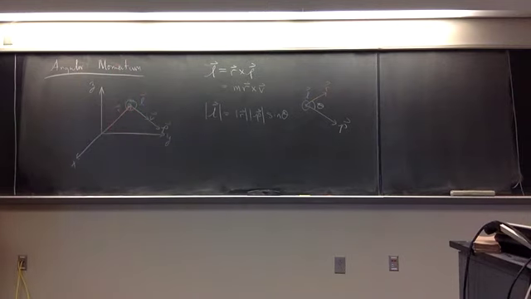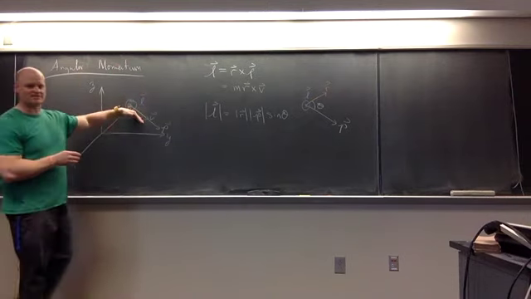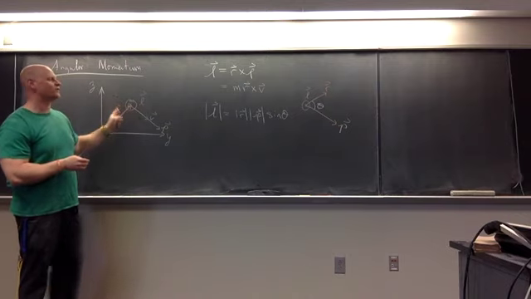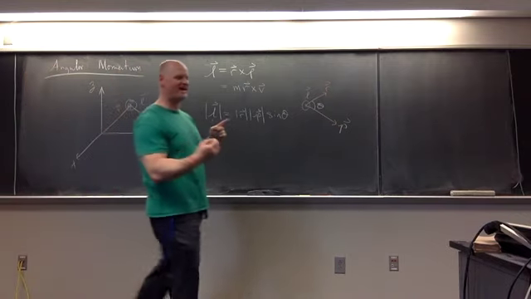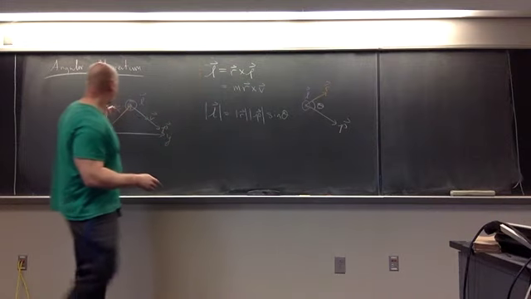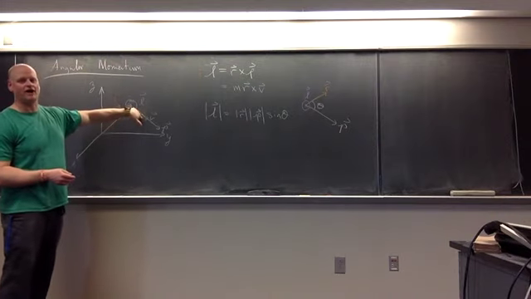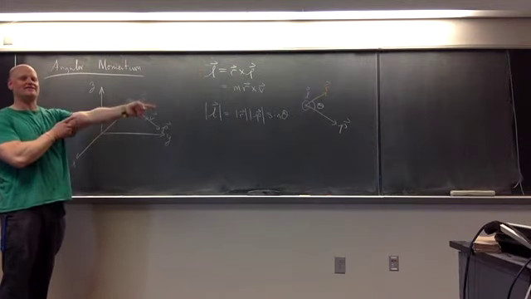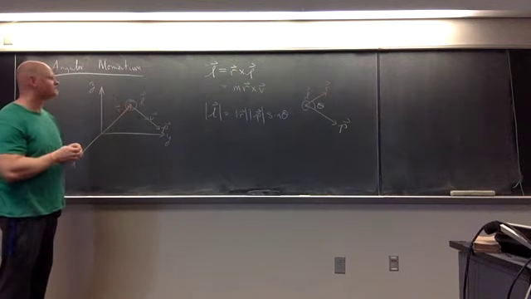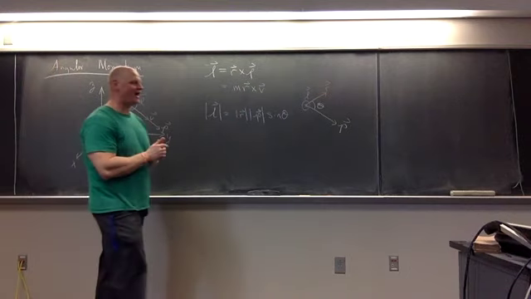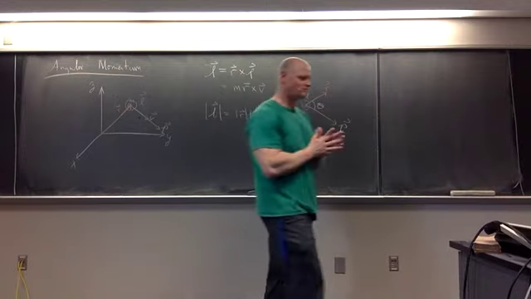So even though an object can have specifically linear momentum according to itself, according to a different observer, it can have an angular momentum due to the fact that r and p are not collinear, meaning they're not in the same direction or in opposite directions. So in that case, they would have an angular momentum.